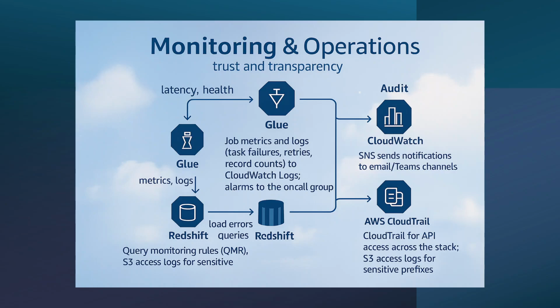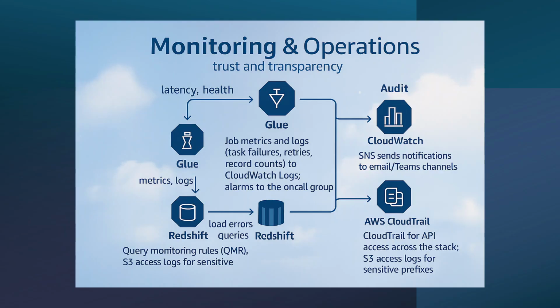For Redshift and Athena, in Redshift, we enable query monitoring rules and track CPU and query duration metrics. In Athena, we watch bytes scanned per query to spot missing partitions or inefficient scans before costs climb up.